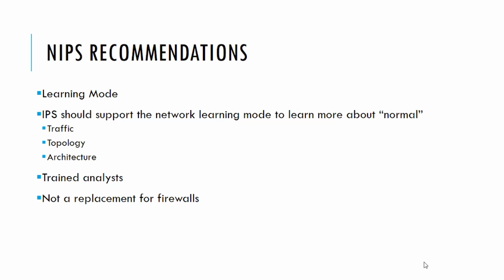It should know about the size of this traffic, the topology of the network, the architecture of the network, and things that look normal and things that are in good condition about the network, to be able to define that there has been a change in the traffic, in the topology or the architecture, and generate an alert accordingly so that the analyst also reacts accordingly.